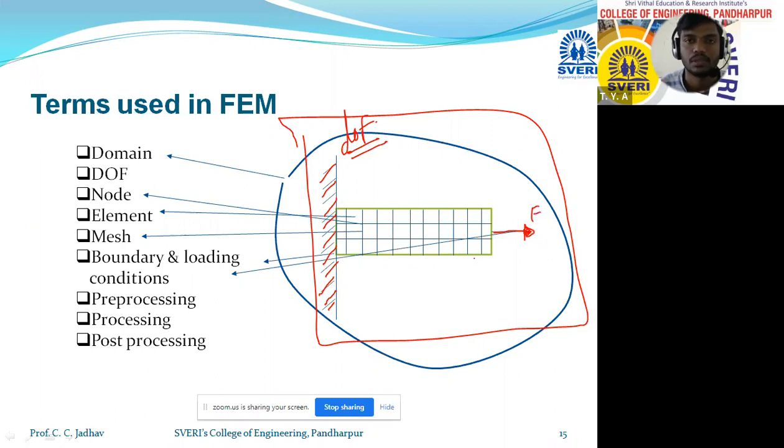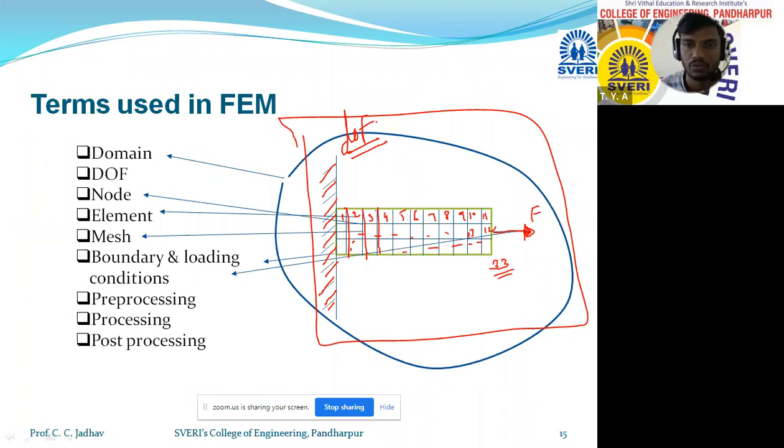Okay, this is one of the problems, and I have divided this whole bar. Initially it is only one single bar element, but after that I have divided this component. You can see here 1, 2, 3, 4, 5, 6, 7, 8, 9, 10, 11, then 12, 13, like this. I have made a total of 33 elements.